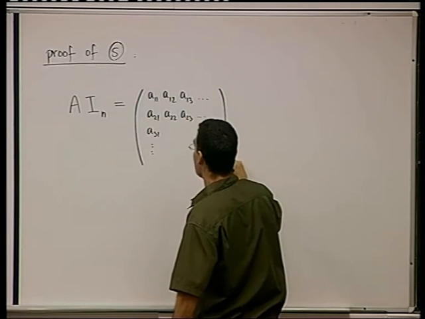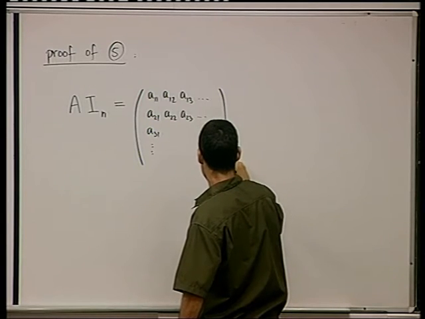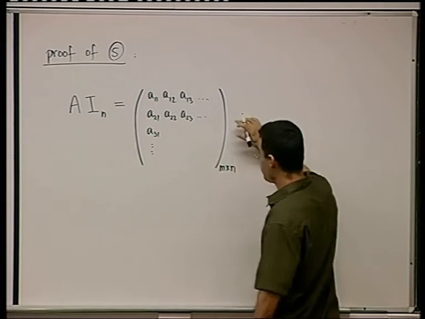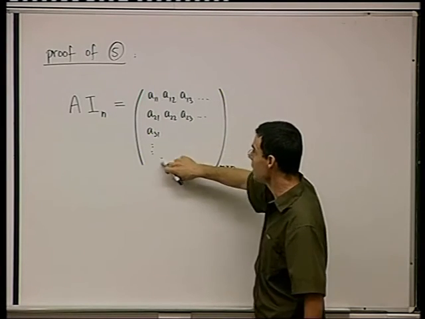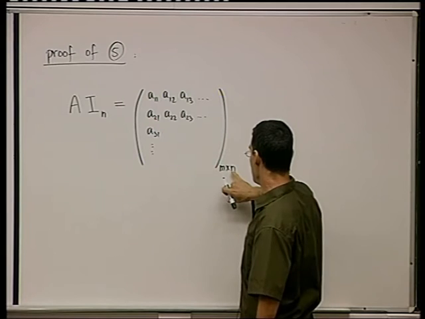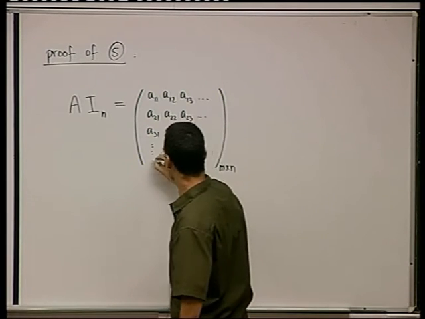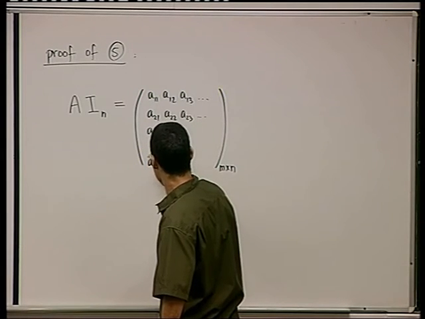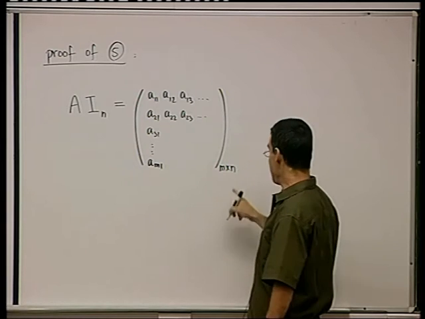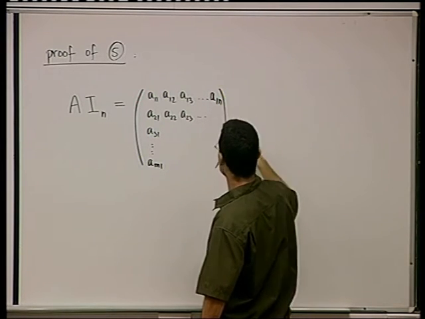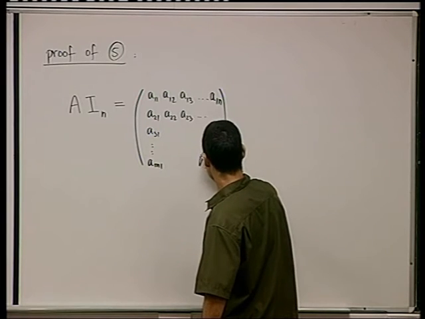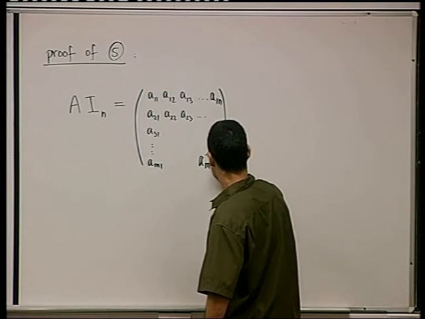And what is I? So A was m by n. And if we want to be even more precise, we can write where each of these ends. So it has m rows, so the last one here is going to be am1, right? It has n columns, so the last one here is going to be a1n. And down here, there's going to be amn.